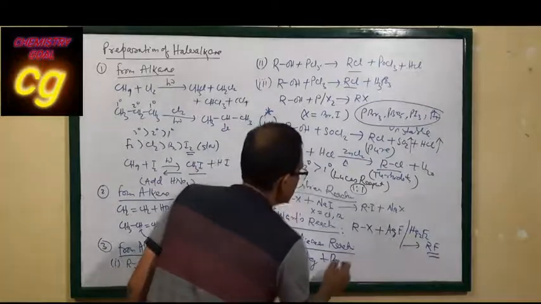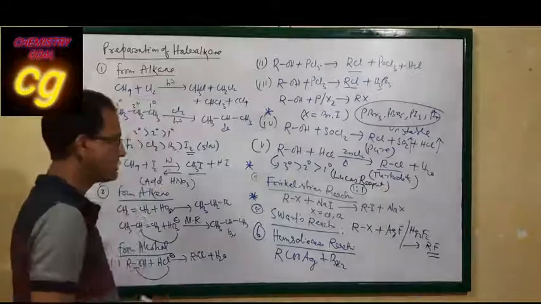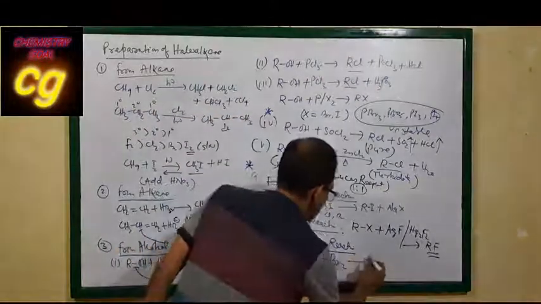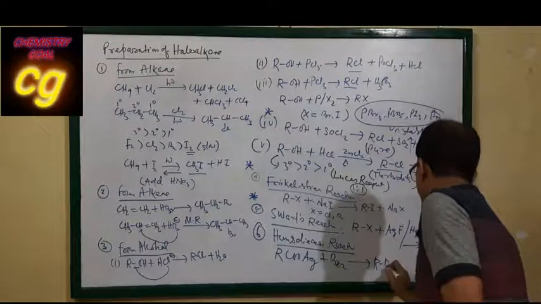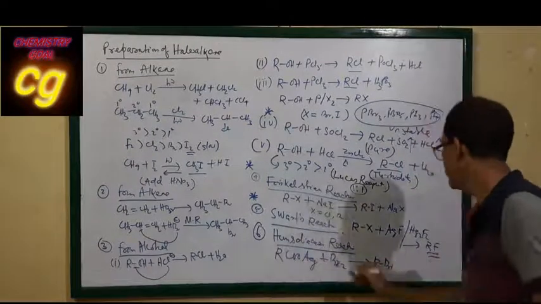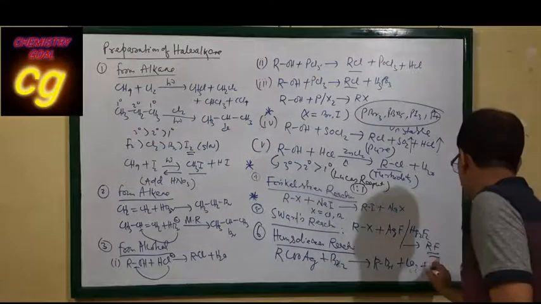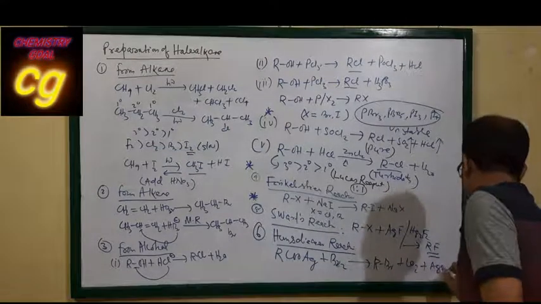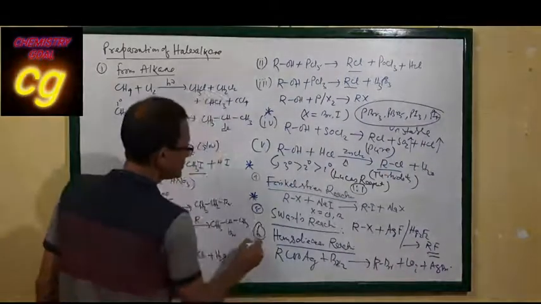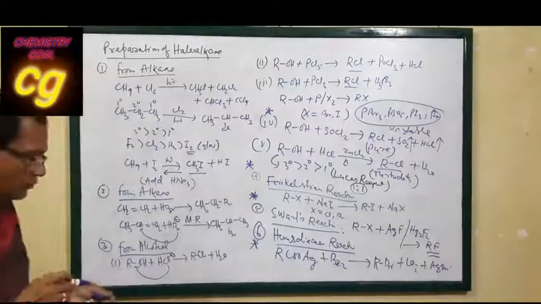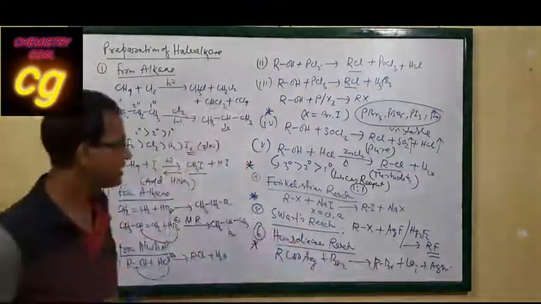If you take bromine and silver salt, it will give RBr. Then the side products are carbon dioxide and AgBr. So this is also an important name reaction for the preparation of haloalkane, mainly bromoalkane.